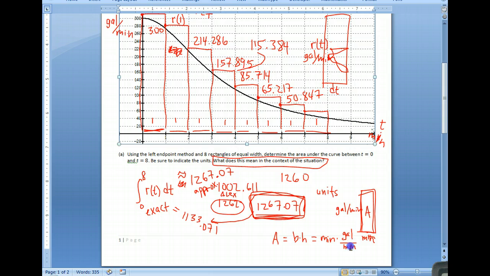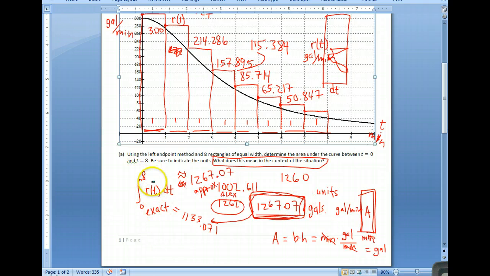What happens when I multiply? You're left with gallons. So when you find the area under the curve, you multiply the units, and whatever the units are, that's the unit of your answer. So the number we found was gallons, because we multiplied.